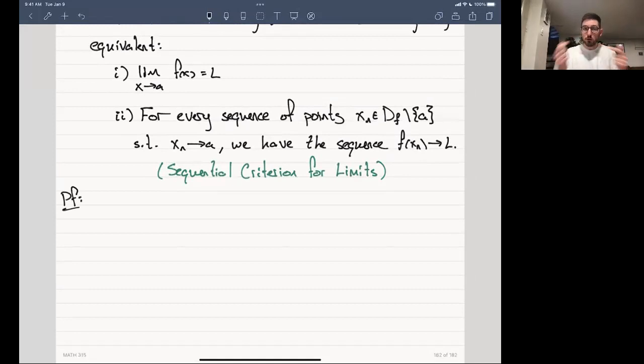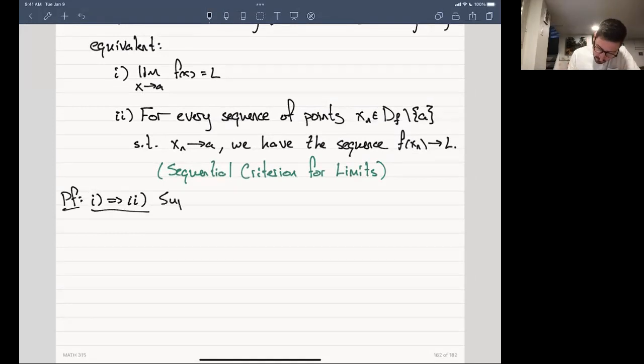Okay, so that means there's two things that we need to prove. So I'm going to write it like this. We're going to say 1 implies 2. So 1 implies 2. So if I say the limit of f of x is equal to L, that is the same as the sequential definition.